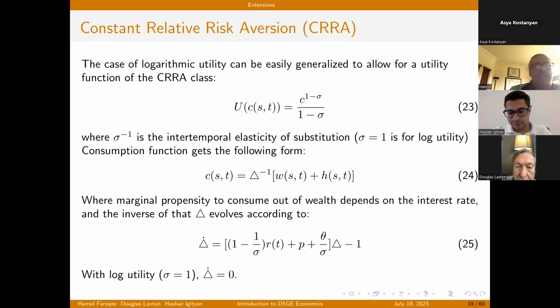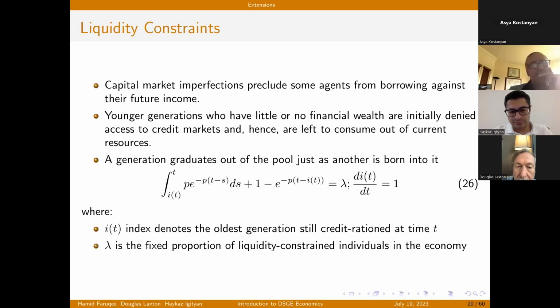The main point here being that with CRA utility versus log utility, the marginal propensity to consume out of permanent income has sensitivity to the interest rate in that more generalized case. And you see that in equation 25 with the RT term there in the evolution of delta. Okay, next slide, please.